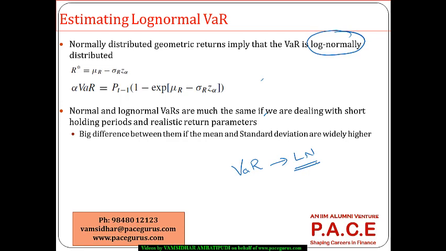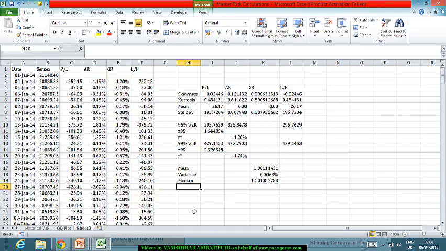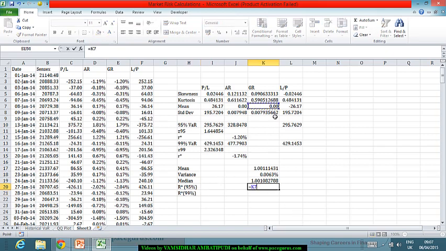So for which I will try to find some R star, again just like the earlier case. I will find out the R star in this case, again with the same confidence levels, 95%, 99%. So I will find out the R star for the 95%, and I can find out the R star corresponding to the 99% also. Which is nothing but mean minus the standard deviation times the Z95.